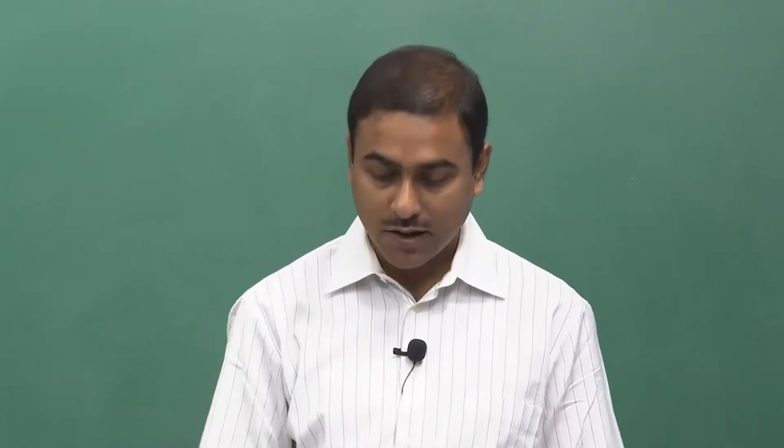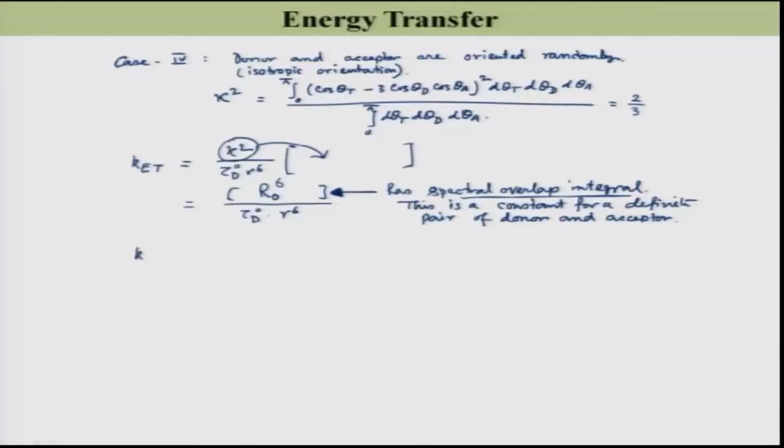So, the final equation will be k E T is equal to 1 over tau d 0 times R 0 by R to the power 6, and that particular constant R 0 is known as Forster distance.